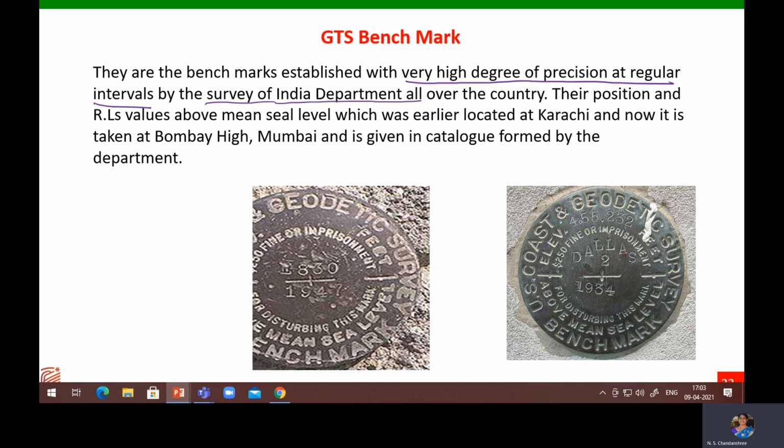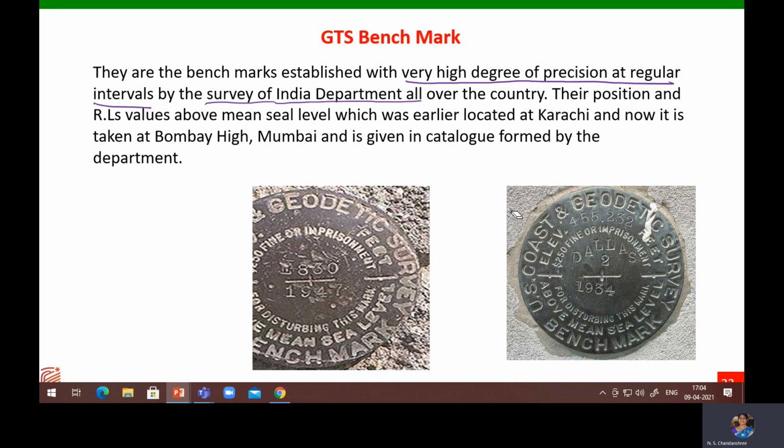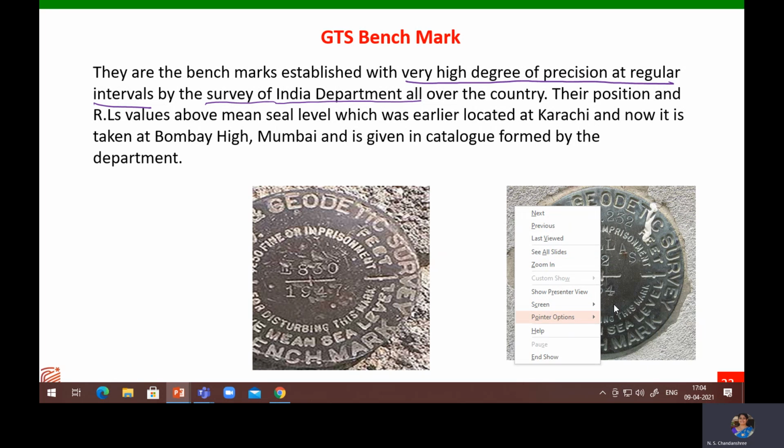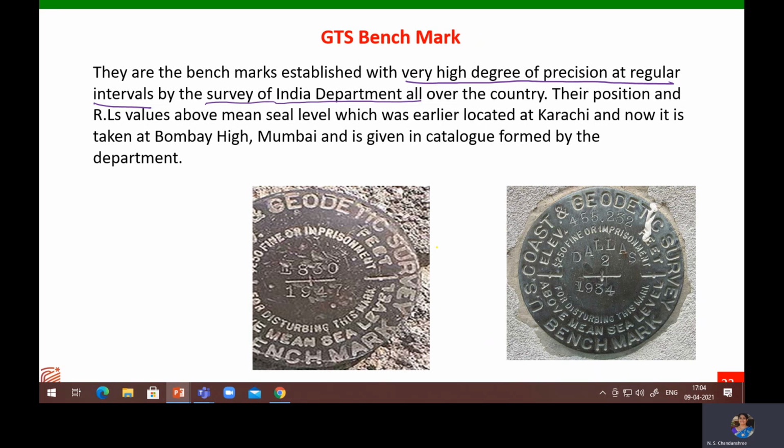This is a GTS benchmark wherein the level is mentioned here, 455.232 meters, and if the elevation is negative, if it is below mean sea level, they put a negative sign here.